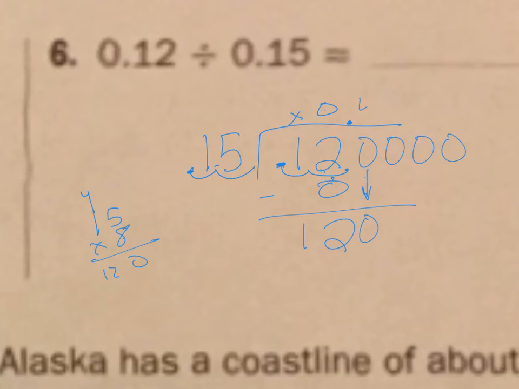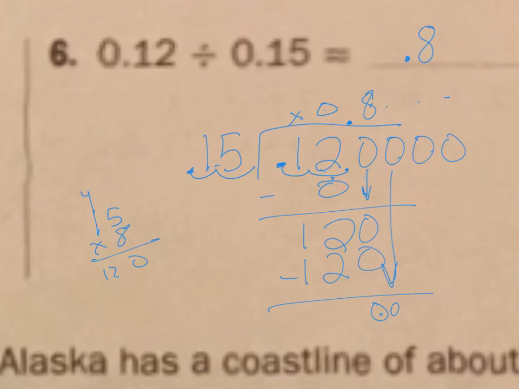So I put an 8 there. 8 times 15 is 120. When I check that out, 0, which is great. Since that's 0, even though I drew a couple extra zeros here, it doesn't matter. I'll bring that down. It's going to be 0. And I don't need those zeros. So my answer is 0.8.